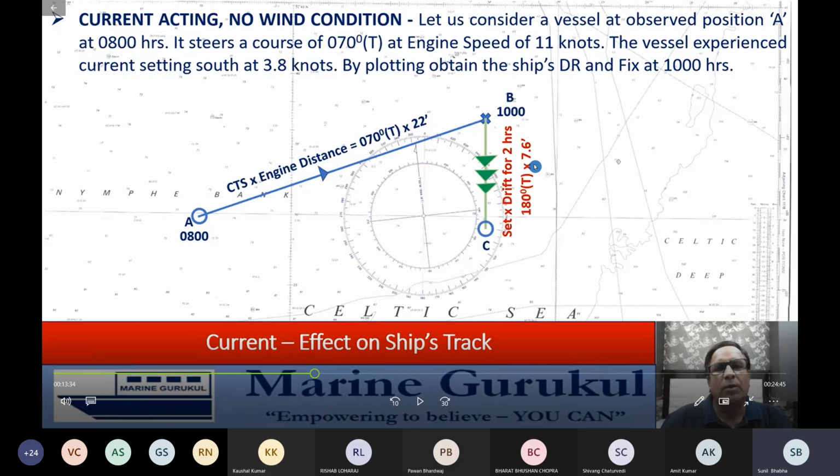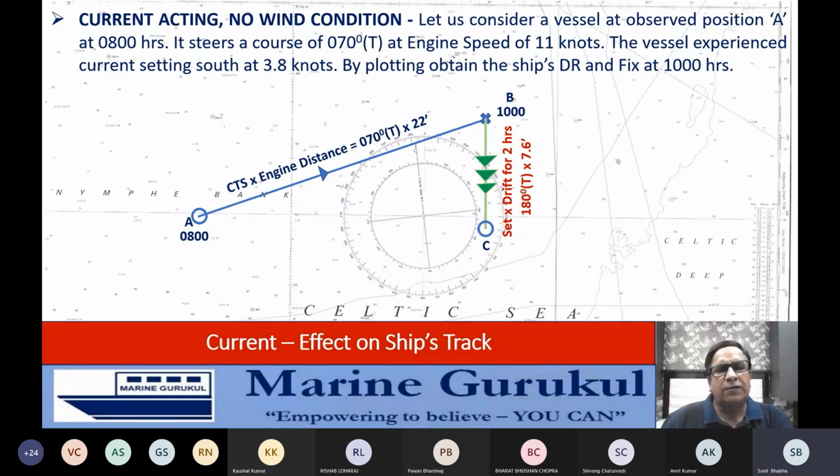Okay, great. Let's proceed ahead. Now that means 2 hours of propulsion vector, 2 hours of current vector, both acting for 2 hours each. We expect the ship to reach point C.